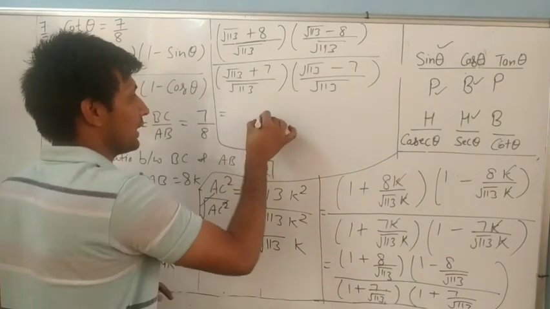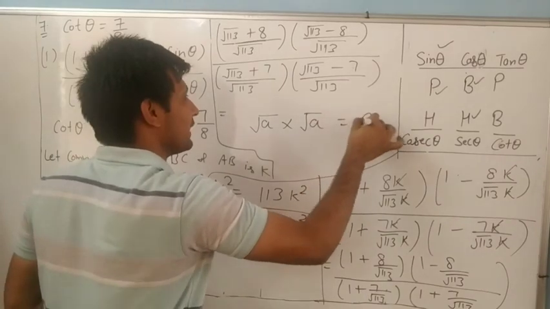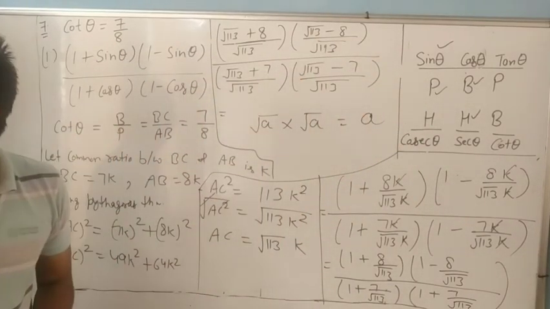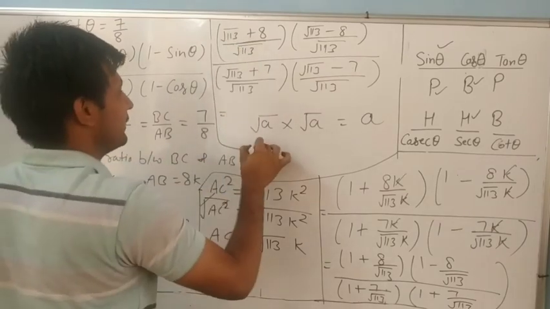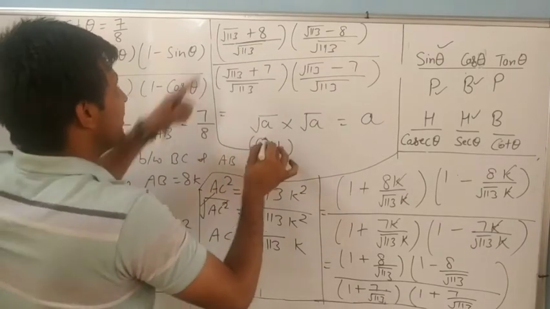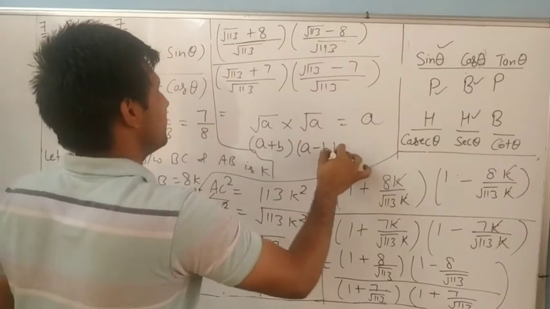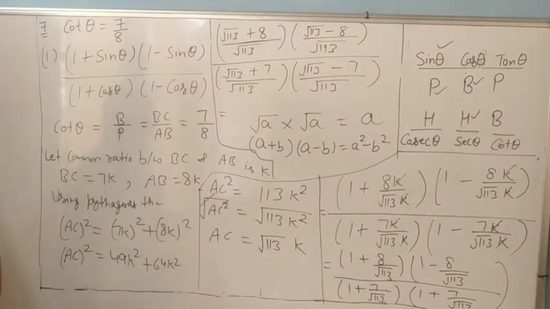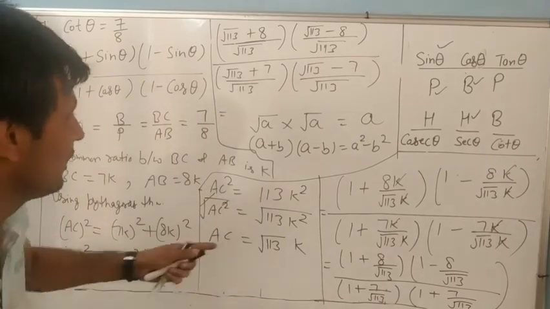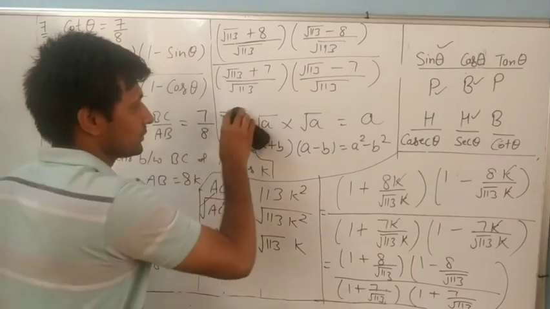Note down this formula: root a into root a is always a. Okay dear, do you remember? And one more formula: (a plus b) into (a minus b), what is the value? A square minus b square. Do you remember this formula from 8th class? We have already finished it. So remember these two formulas. Okay dear, please note down these two formulas, and now I am writing.